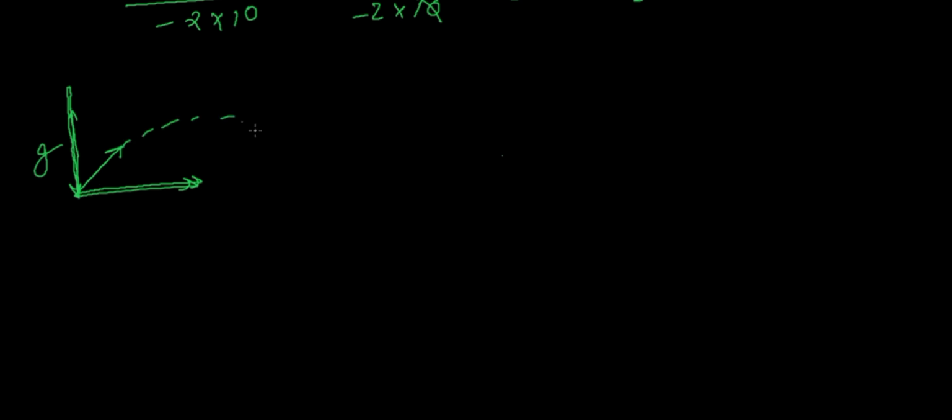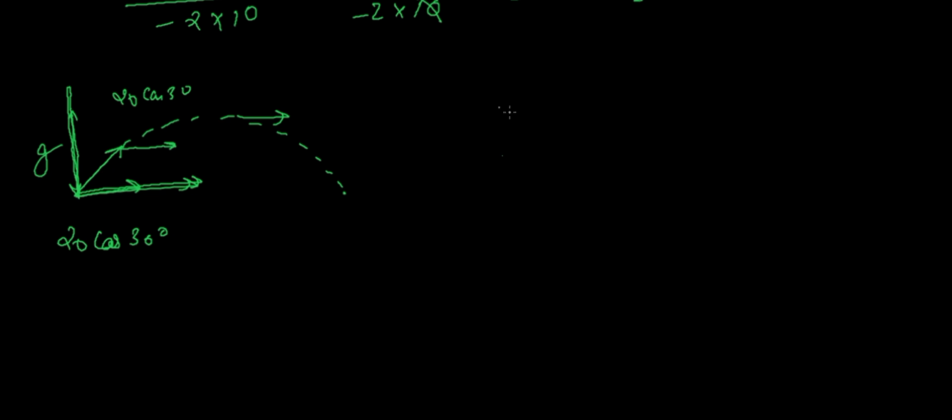So horizontal velocity here would be 20 cos 30 degree. Here it would also be 20 cos 30 degree, and everywhere it would be 20 cos 30 degree.